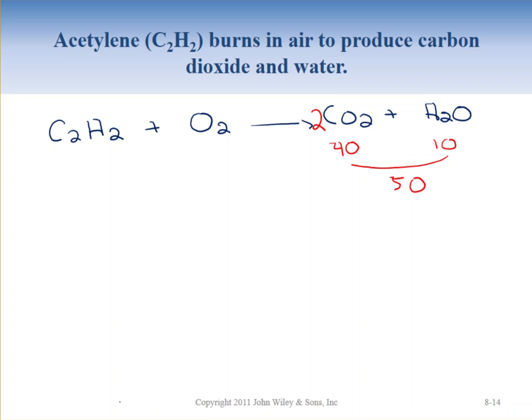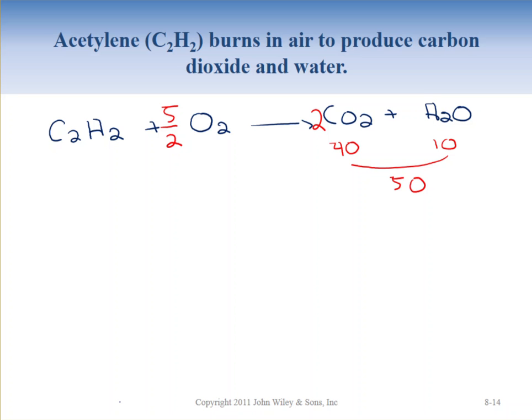There are different methods to balance this. What I'm going to show you is one of the methods. In order to end up with 5 O, I'm going to give the coefficient of 5½ to oxygen here. Why 5½? Because then the 2's cancel out and you end up with just 5 oxygen.